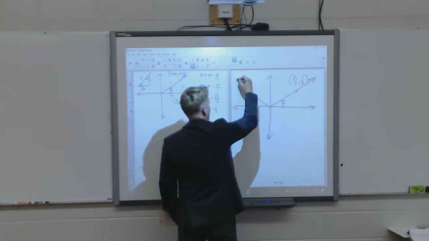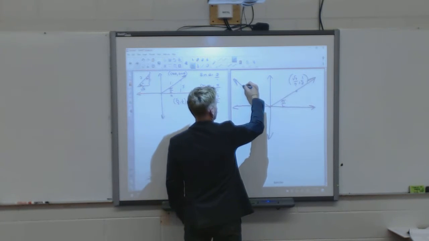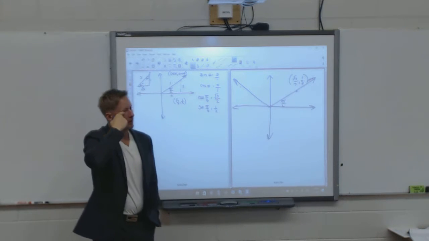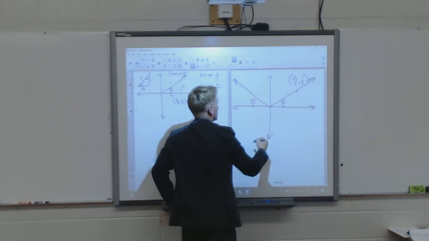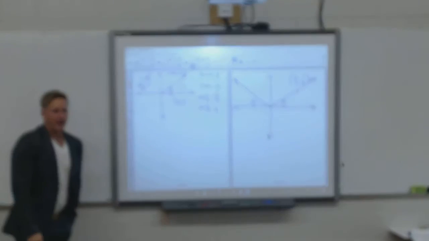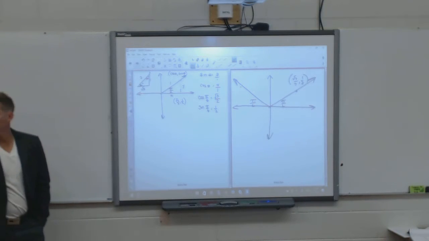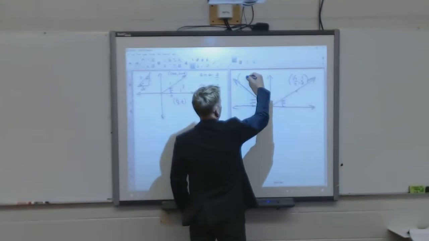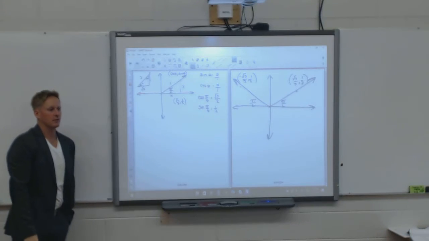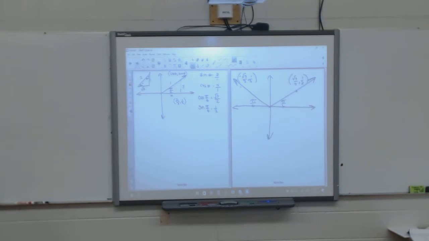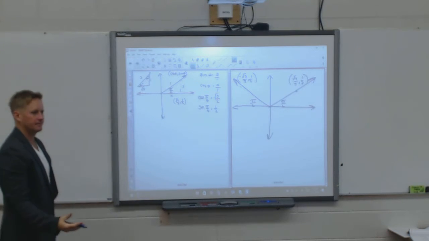I draw it up this way. This is still pi over 6 right here. So what is that coordinate? Negative root 3 over 2. Because the x value is negative over here, it's negative root 3 over 2.